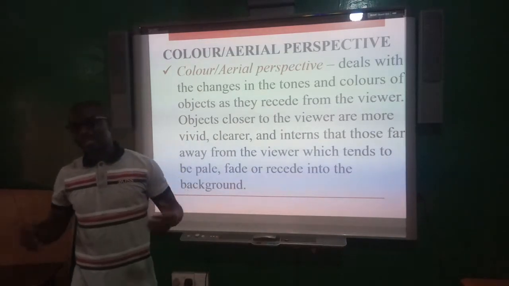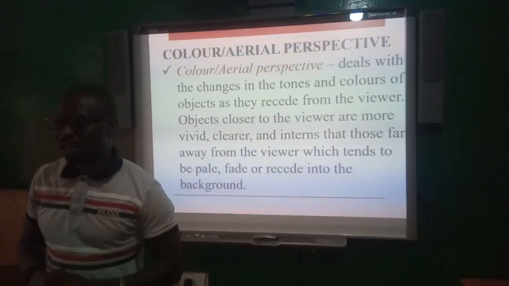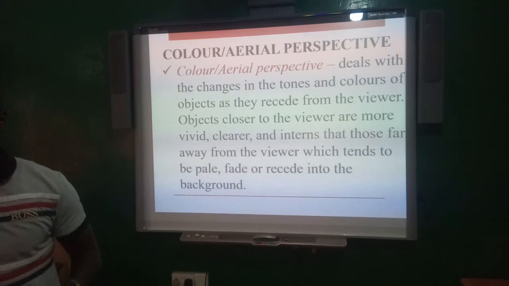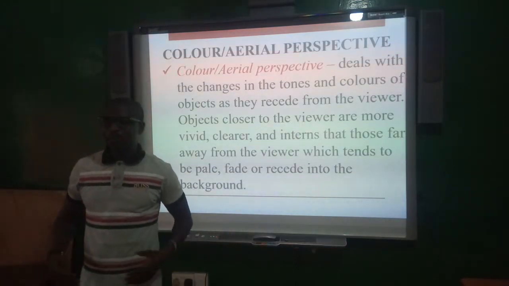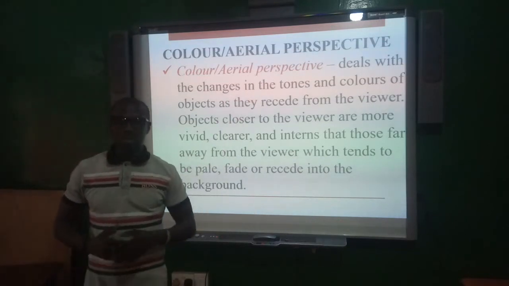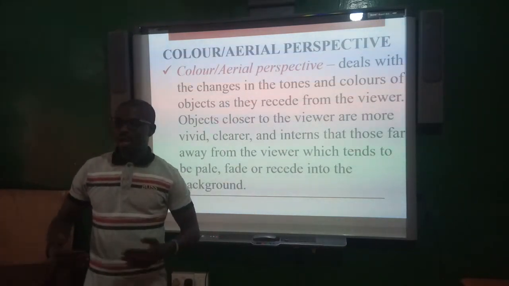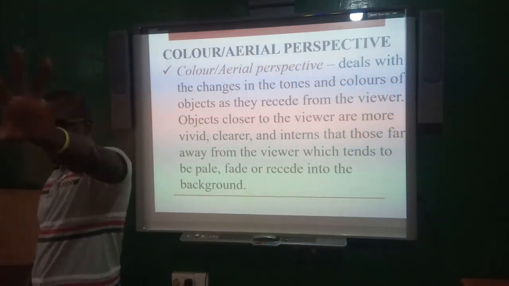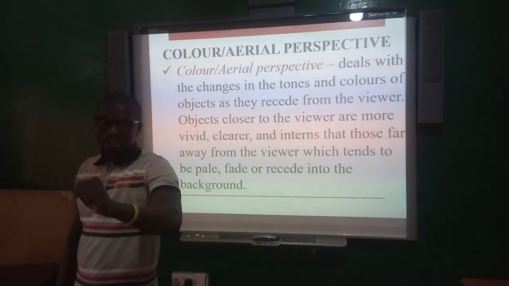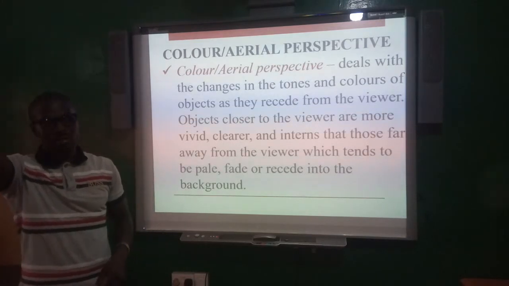Because when you go to a stadium, let me use a stadium for example, Baba Yara Sports Stadium. Those who are at the VIP will see those at the center line paler. They wouldn't see them clearly. They will see them like dots.